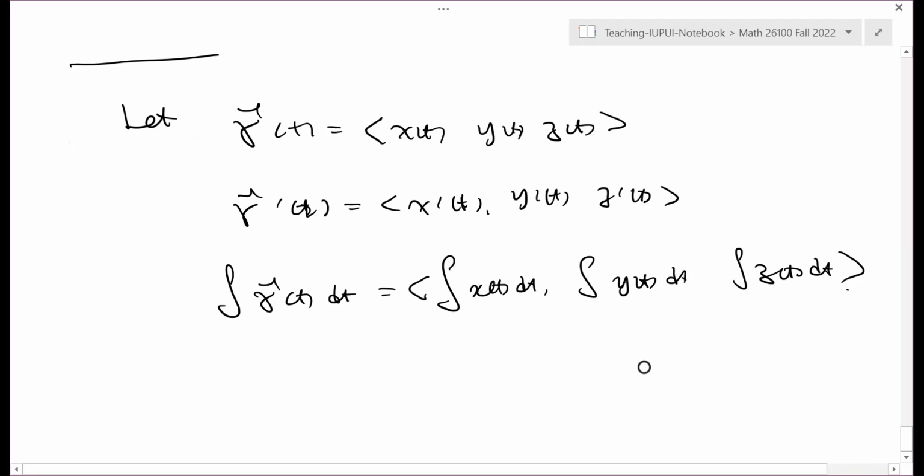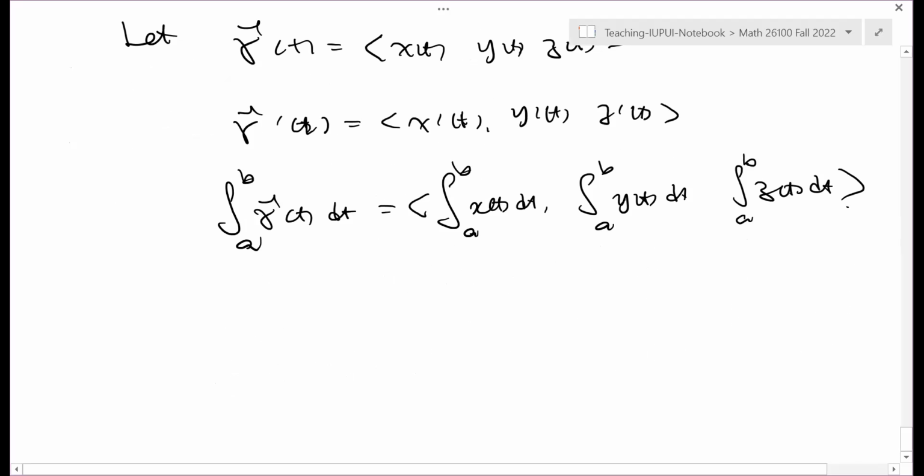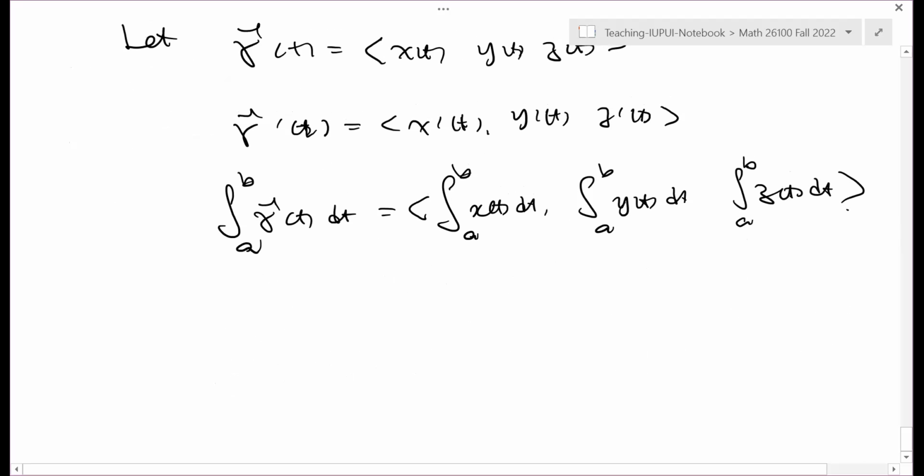So if you specialize from a to b, you just need to evaluate each component, right?